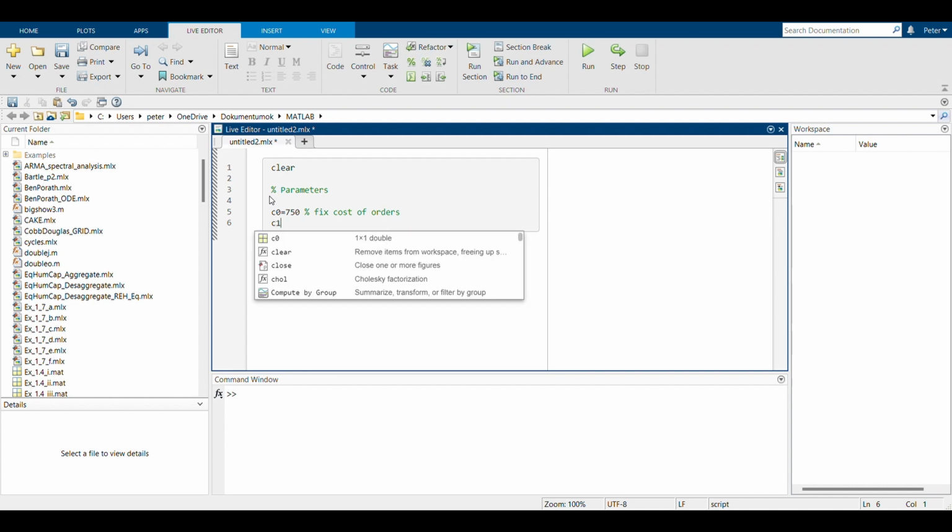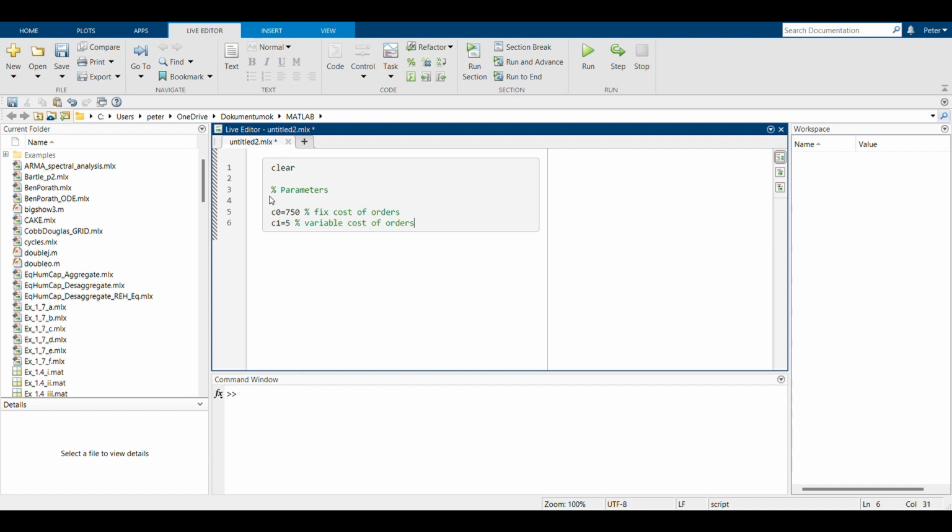C1 is the variable cost of orders. This is the product price. Let it be 1, just to keep things as simple as possible.